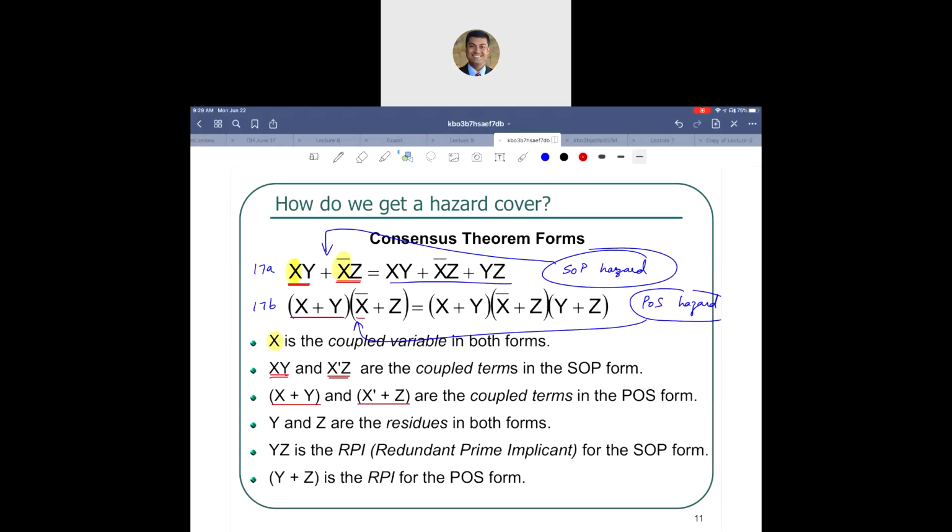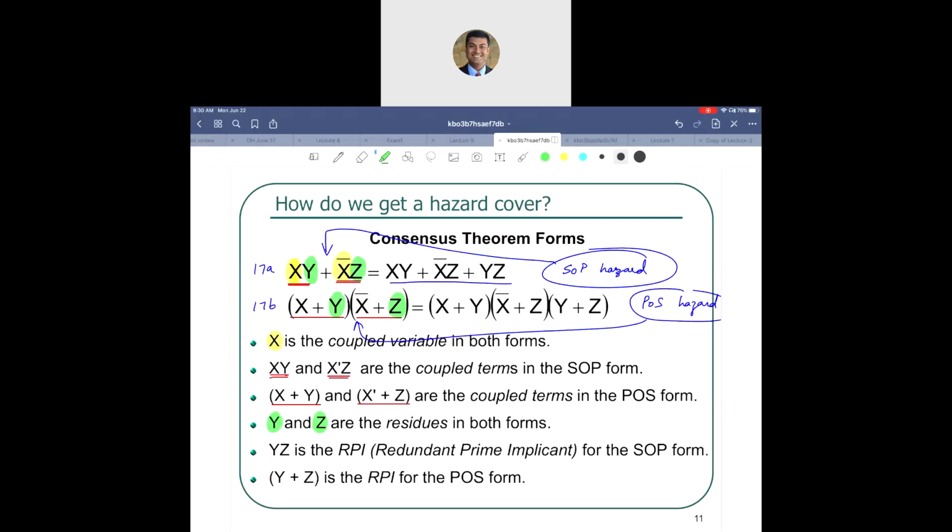And for the POS form, you have the other two, x or y, x complement or z. What are the residues? What is left over? Well, let me highlight in green here. This is left over here, this is left over here, this is left over here. Y and z over here, this is left over here, apart from the coupled variables. So y and z will be the residues in both forms.